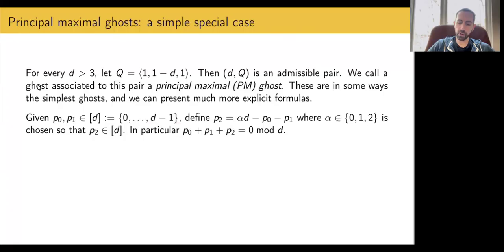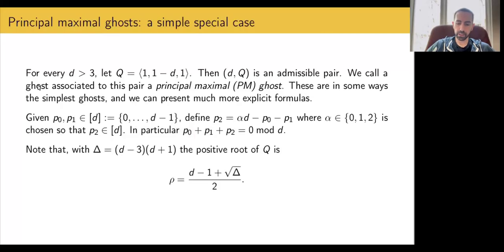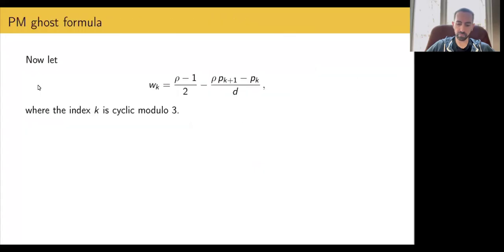So in particular, P0 plus P1 plus P2 is 0 mod D, and all three of these are taken from this set. So these are like three points on a line through the origin, mod D. Now if delta is our friend delta, then this is the root that we get for the quadratic form. Now I'm going to define one more thing.